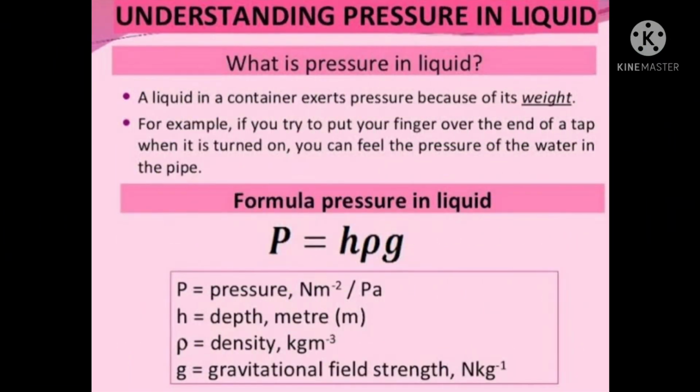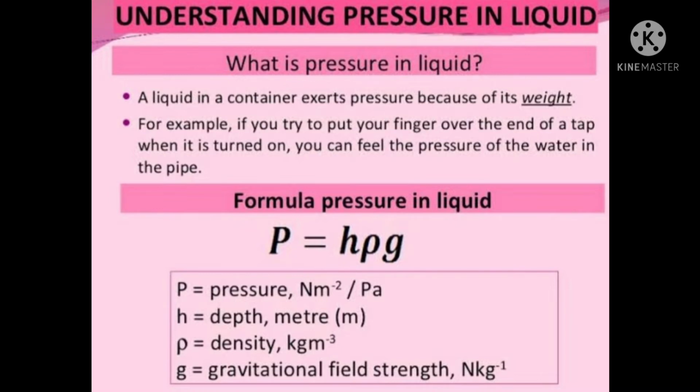What is pressure in liquids? Students, a liquid in a container exerts pressure because of its weight. For example, if you try to put your finger over the end of a tap when it is turned on, you will feel the pressure of water in the pipe.